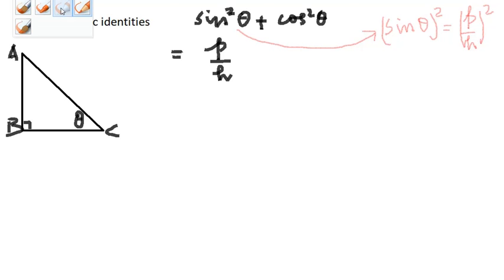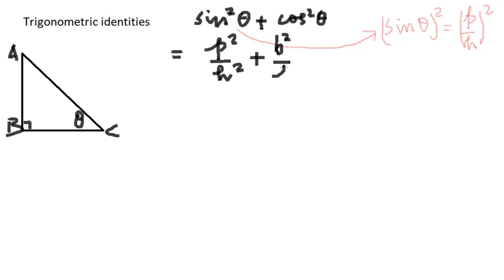So here sine squared theta will mean P squared by H squared. Similarly, cos squared theta means, since cos theta means B by H, B squared by H squared.